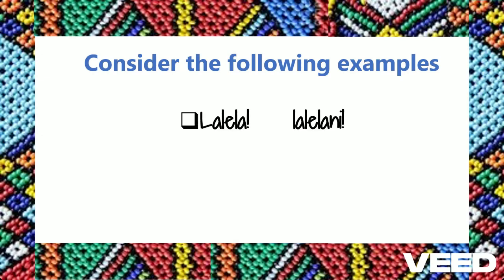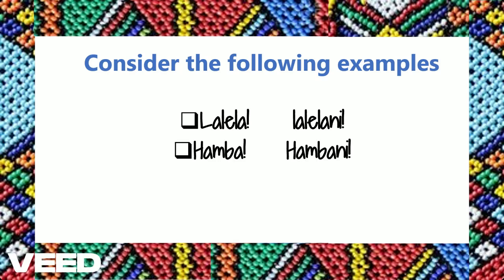So these are some of the examples for positive commands, commanding someone to do something. And we work with the verb, remember. So lalela, listen. Lalelani, listen you all. So lalela, it's when you're saying it to one person, but lalelani, it's when you're saying to a lot of people. Then here's another example.